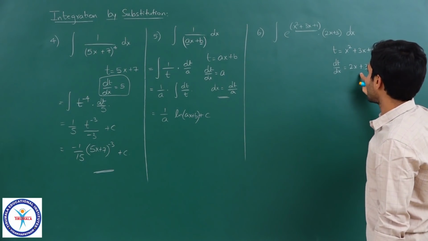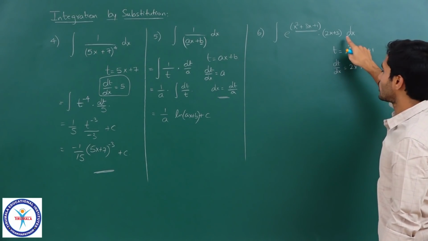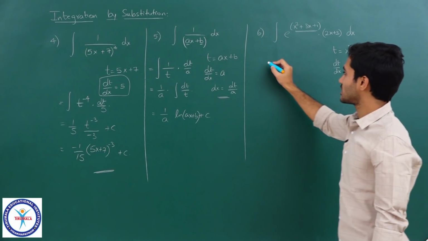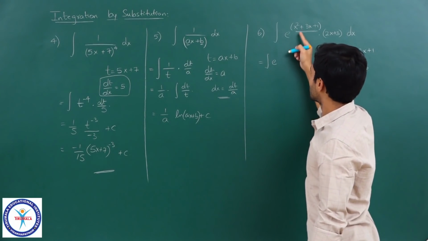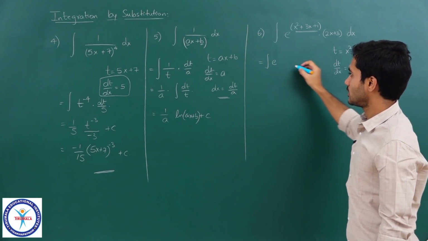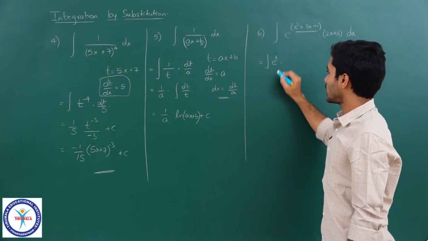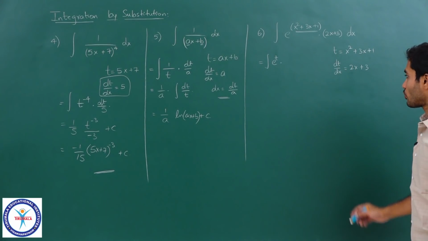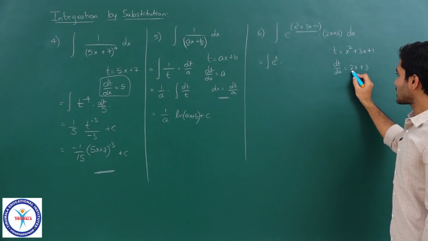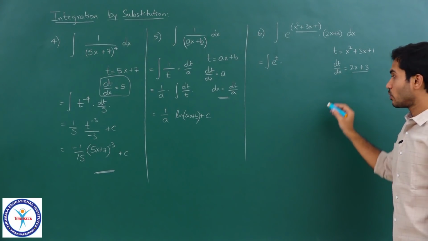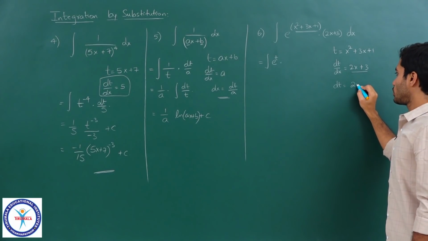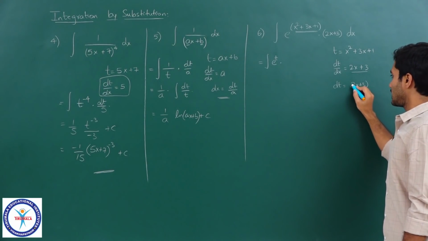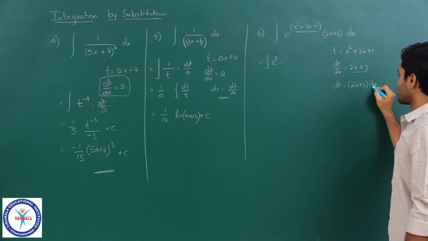Now, I will have to use this expression to eliminate dx. So, what is this expression going to get converted into? E power, this whole term we have assumed as t. So, e power t into, now observe carefully what we have here, dt by dx is this value, correct, which means I can write dt is equal to 2x plus 3 into dx.